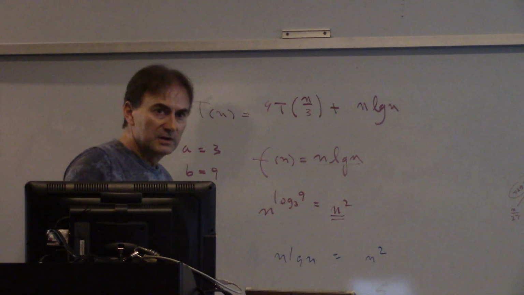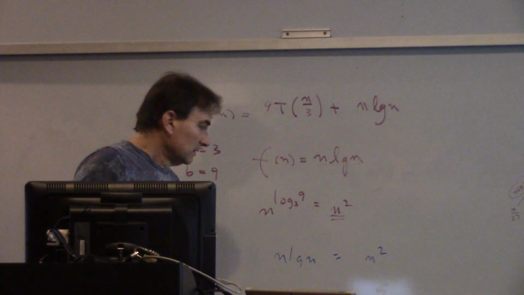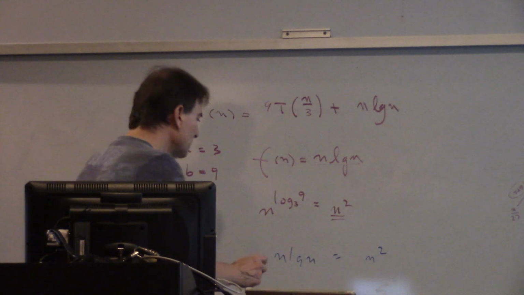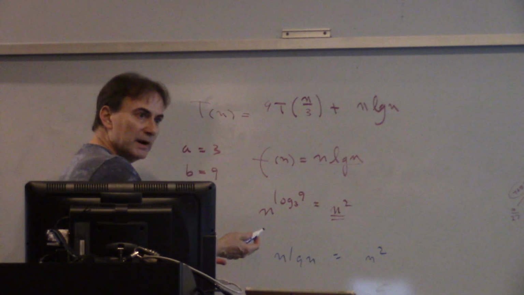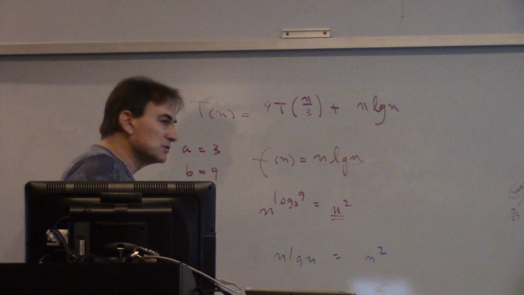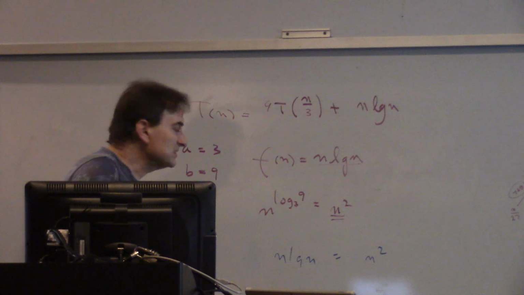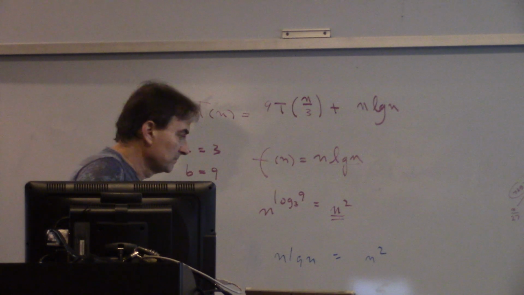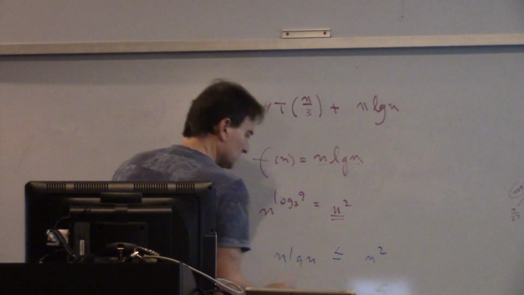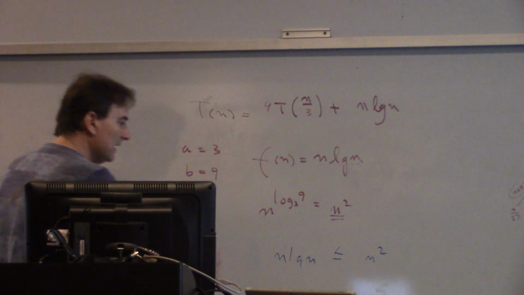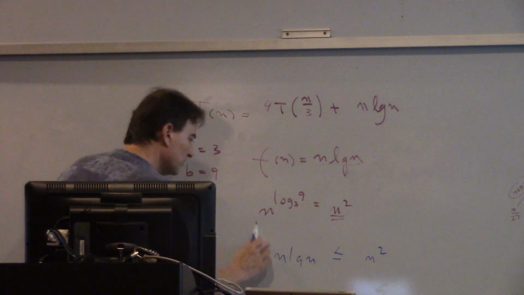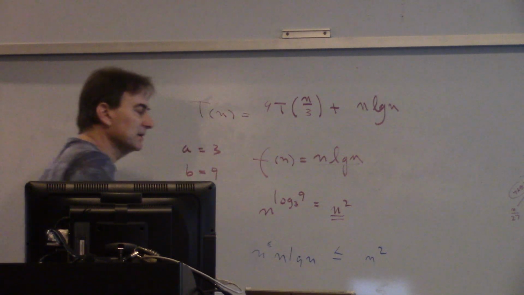The right side is growing more quickly. So I'm going to have to find where I can have it less than or equal to. Is there an epsilon that I can use that would make it less than or equal to?